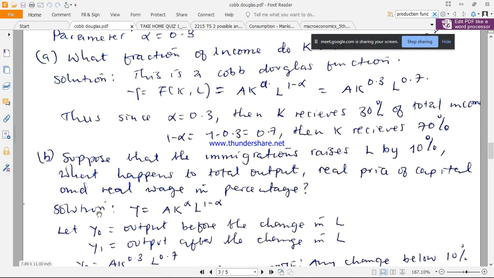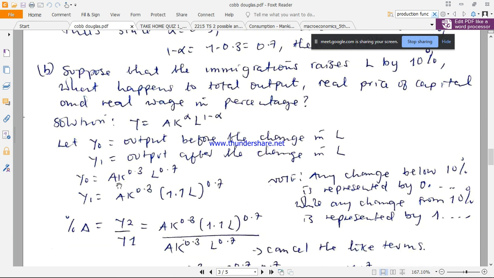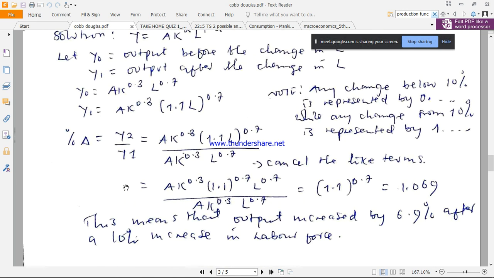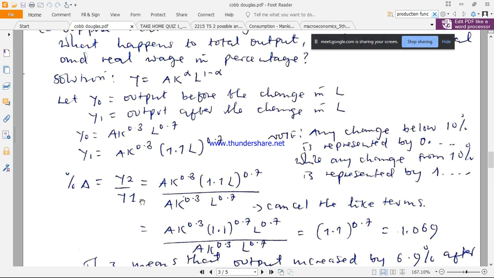What happens to the total output, the real price of capital, and the real wage in percentages? But you're going to get confused here. I can see already that people are getting confused, so I don't think we should go ahead with it.